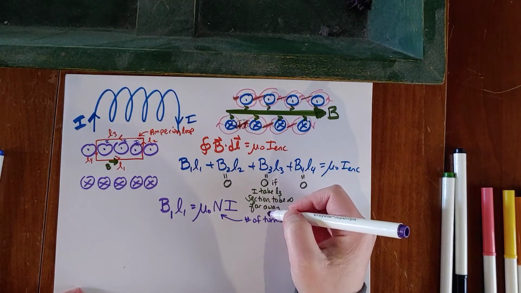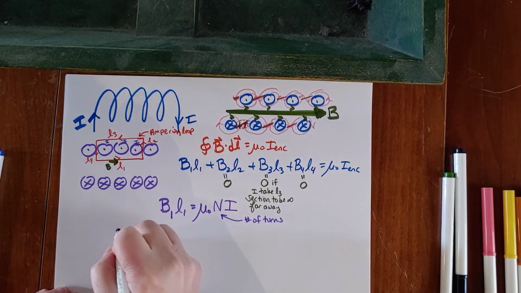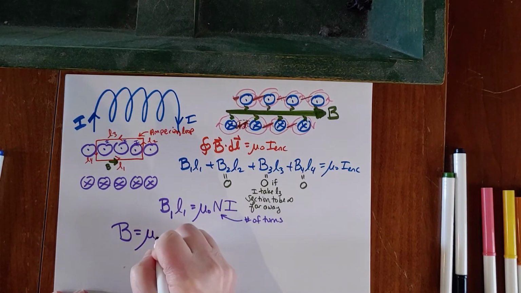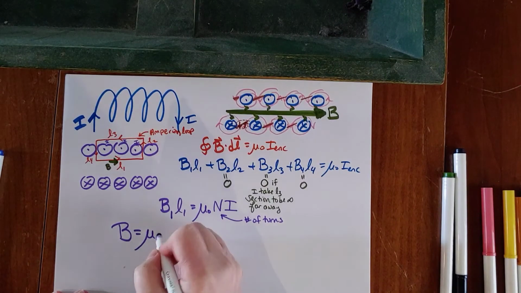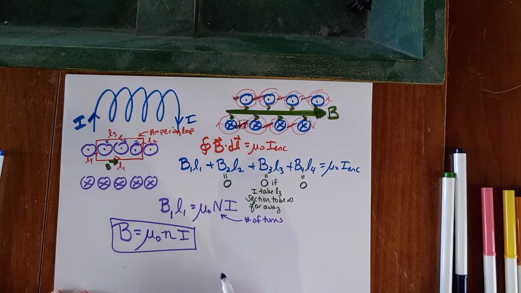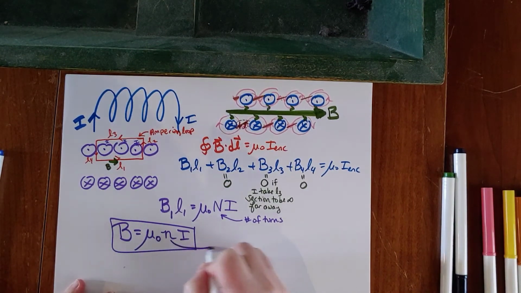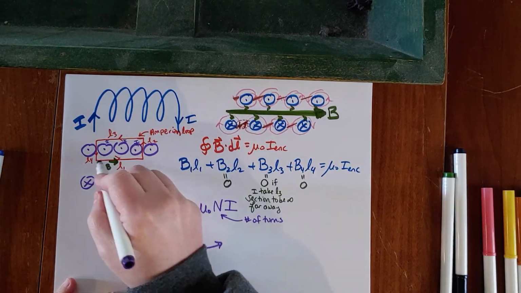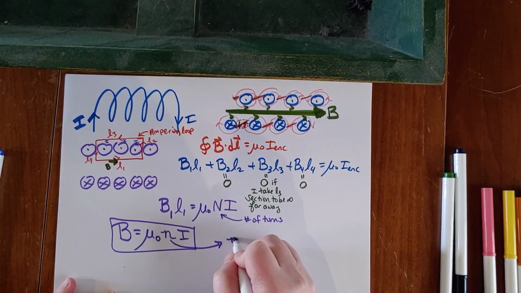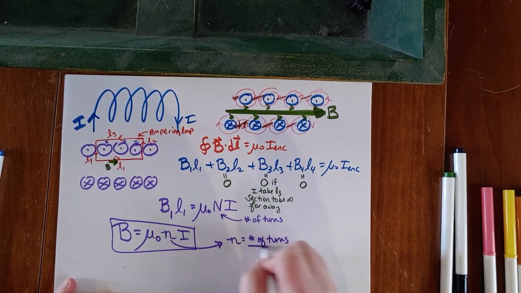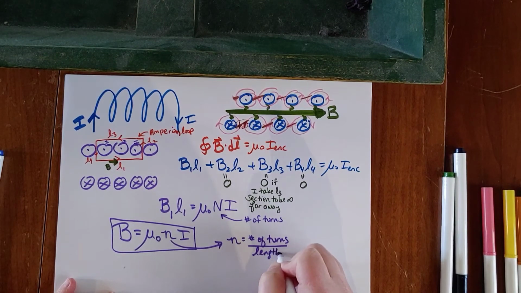So my magnetic field inside of a solenoid is going to be this. I'm going to write it like this, and I'm going to describe what I just did in a second. Okay, this little n, if I divide that n over that length, it's the number of turns per length.